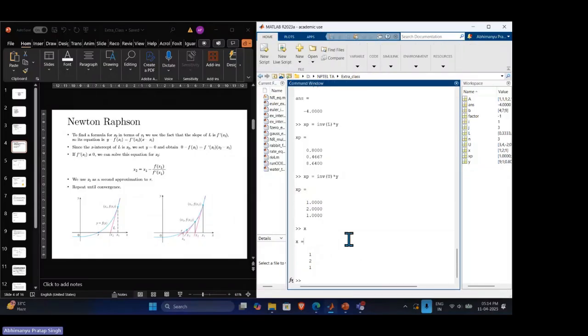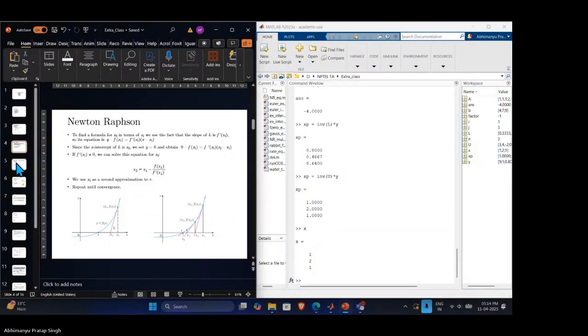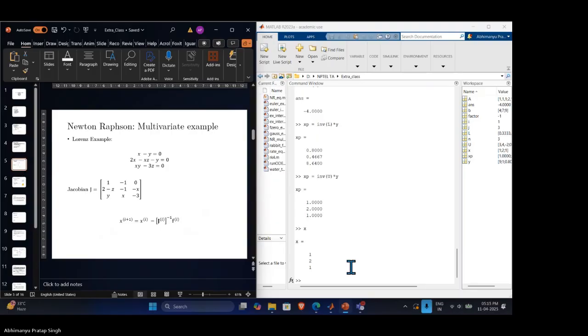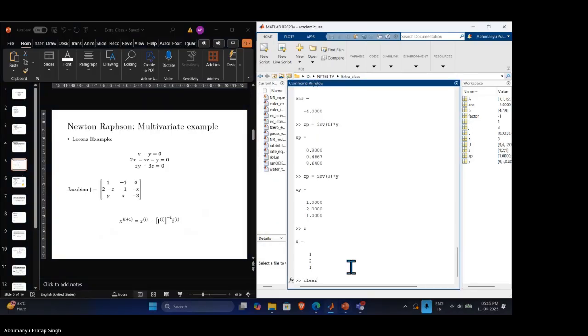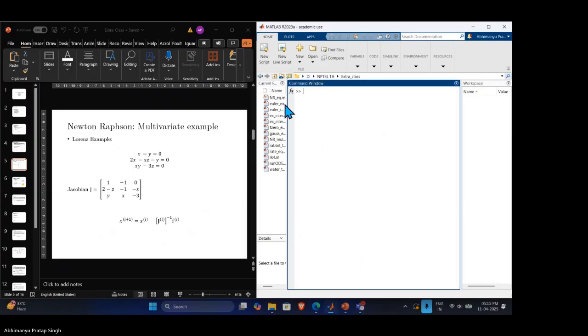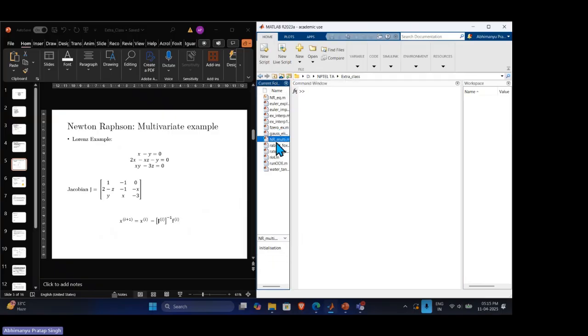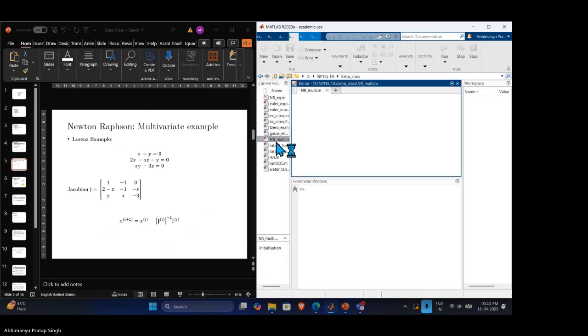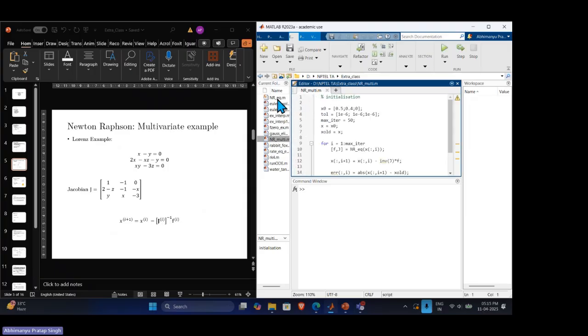Close this. I think I had the function somewhere. So graph some multi-variable. And this is the equation.